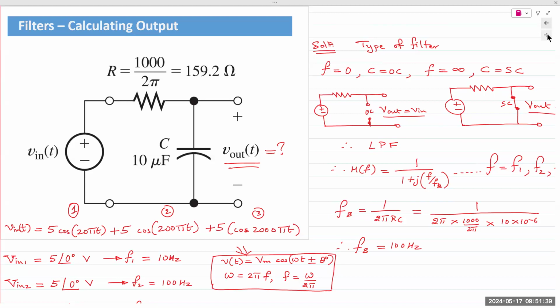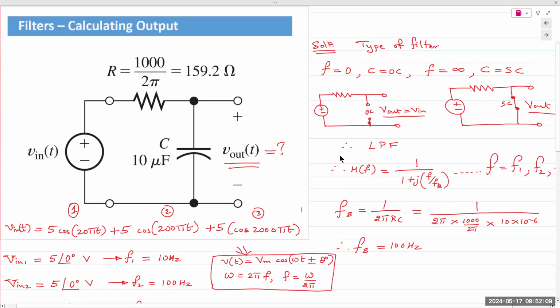We simply plug in F equal to 0 and F equal to infinity, and we see what our components are doing at those frequencies. We know a capacitor output in an RC circuit means it's a low pass filter. If it's a low pass filter, we know what transfer function we have to use: 1 over 1 plus j F over FB.